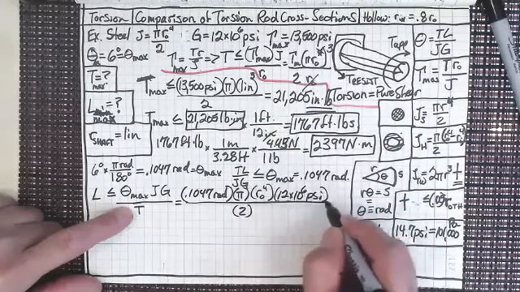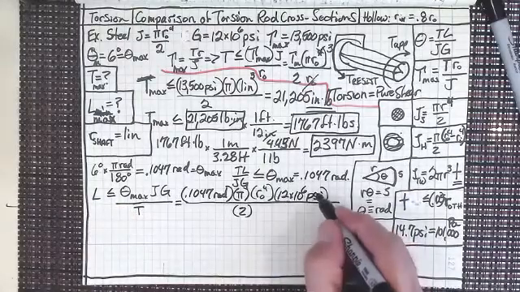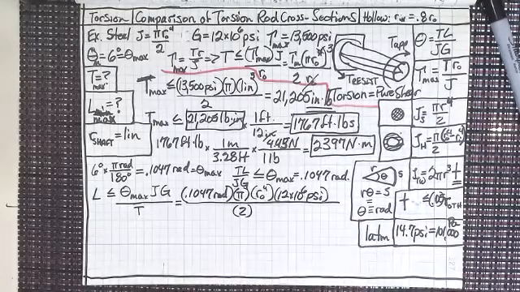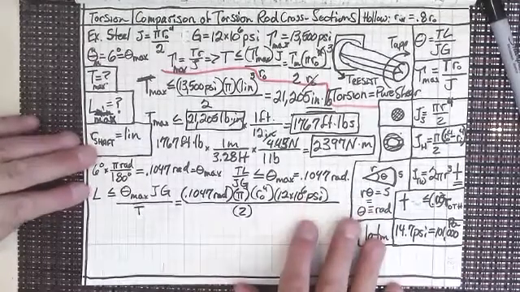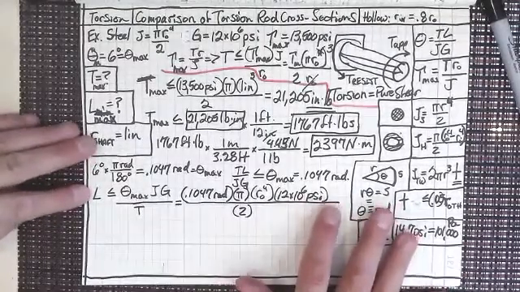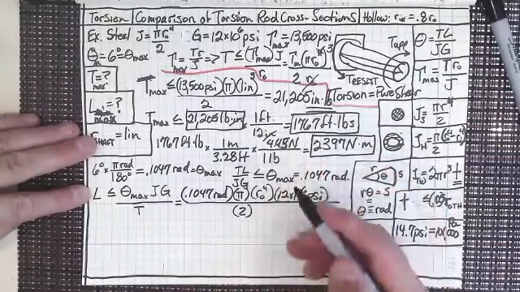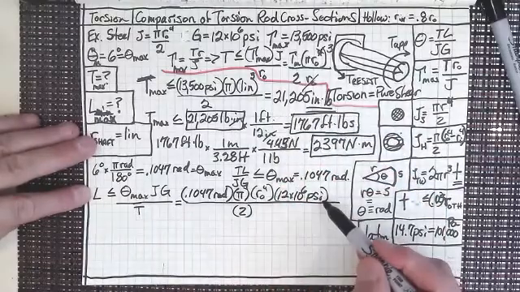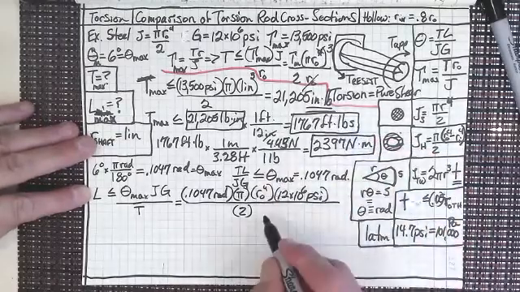I could just switch that right now into pascals, and then we could solve this in pascals, or whatever. Anyway, I still have to put torque in, and of course, torque we have in inch pounds. So this is in pounds per square inch. We have torque in inch pounds. That should all work itself out.